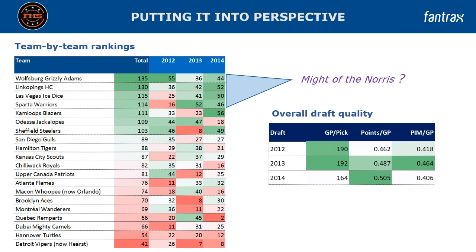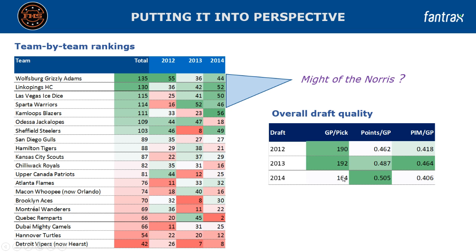And one other stat is the overall quality of the selections. So basically, disregarding draft rounds and positions, just overall: games played per pick, so per player selected, the average number of games played, points, and penalty minutes. And what is interesting is that the 2014 draft definitely had a lot more busts.